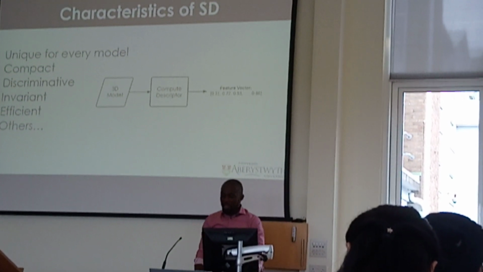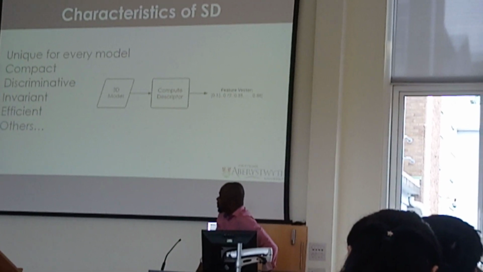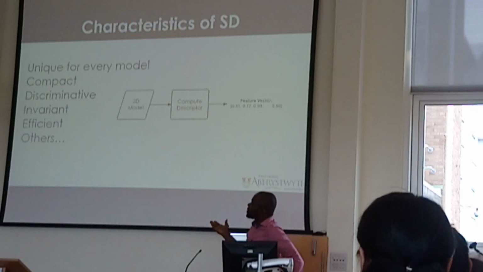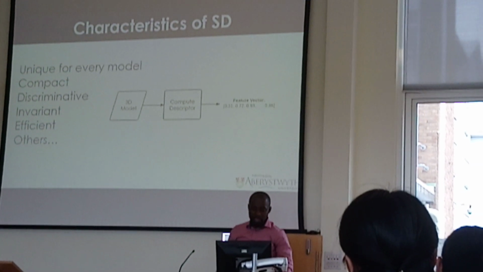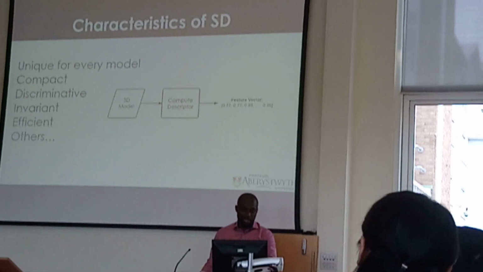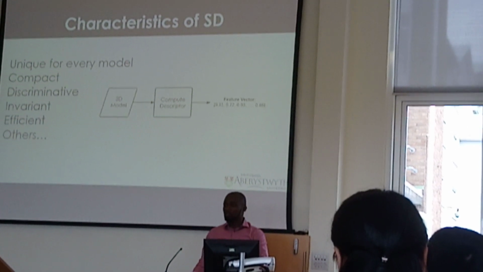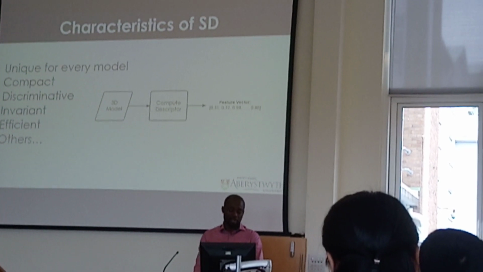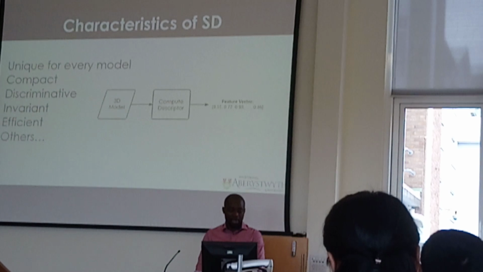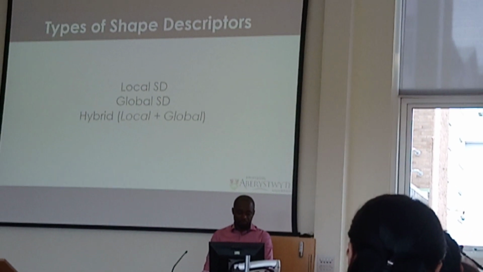We don't just compute shape descriptors. However, a shape descriptor has to have particular characteristics which are listed beside. They have to be unique for every model, like I've explained. They have to be compact in their computation. They have to also be able to discriminate between the various kinds of models we are trying to compare, and then also be efficient, and have several other characteristics.